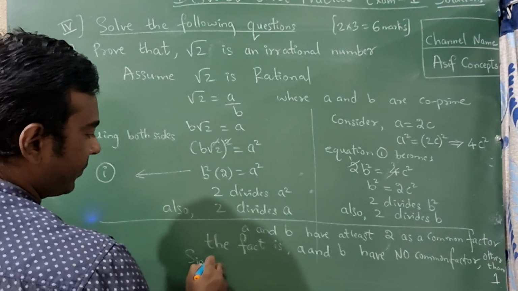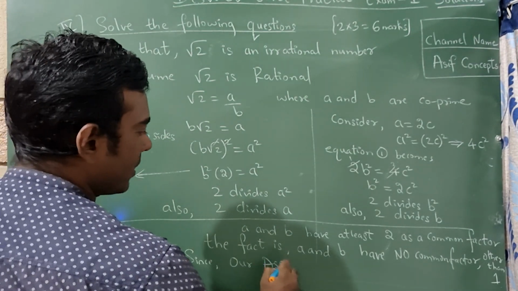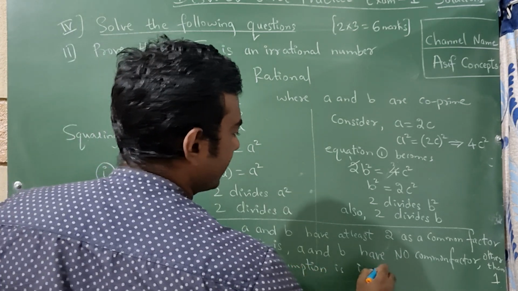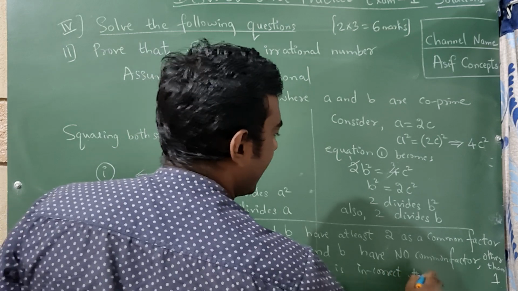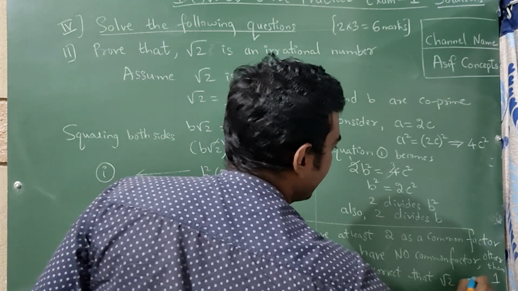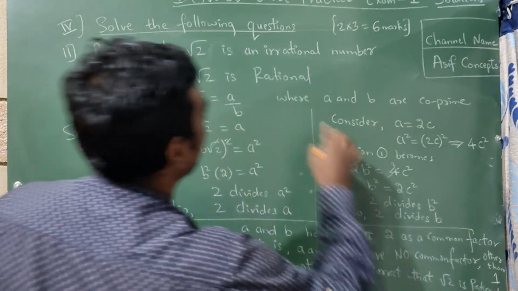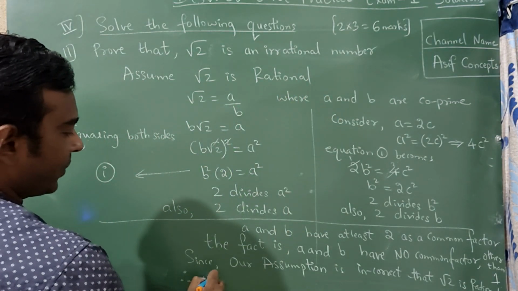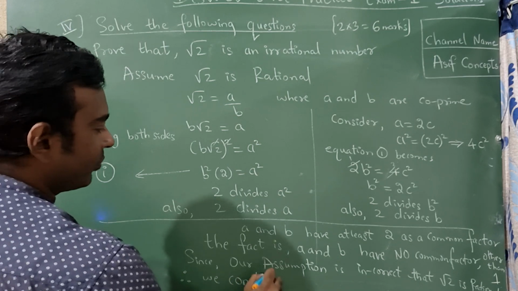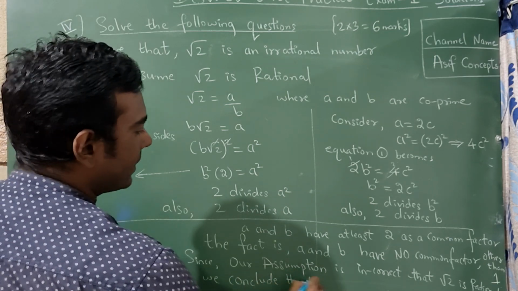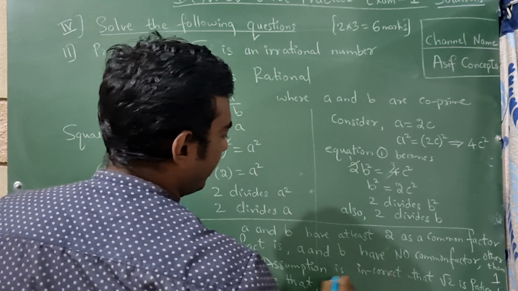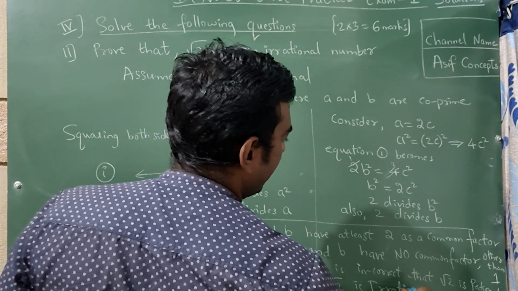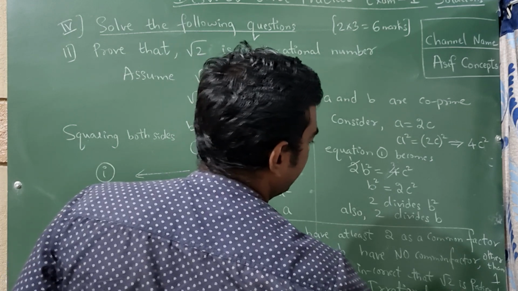Since our assumption is incorrect that root 2 is rational, because we have considered root 2 as a rational, therefore we conclude that root 2 is an irrational number.